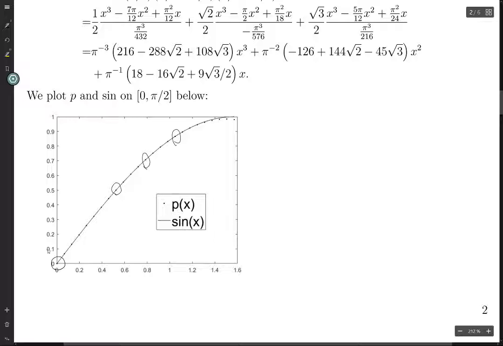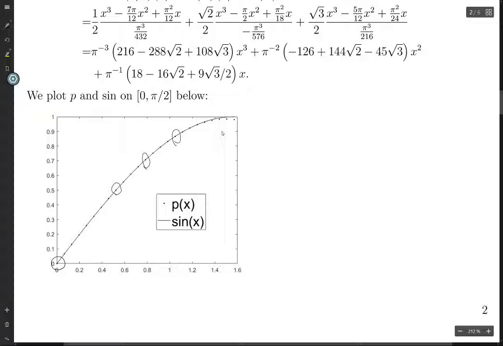Perfect. If we look at these 4 points, it's pretty much right on the dot. So this is a really good approximation. Also notice that the one region where it seems a little bit off is out here, and it makes sense because the 4 points that we're using to interpolate are way over here, and once you get away from where all those points are concentrated, that's when the two start to differ a little bit.